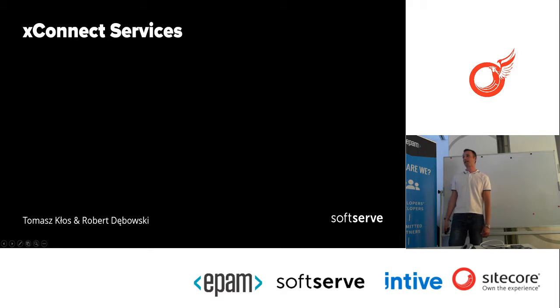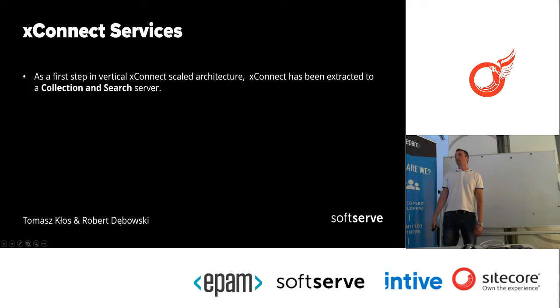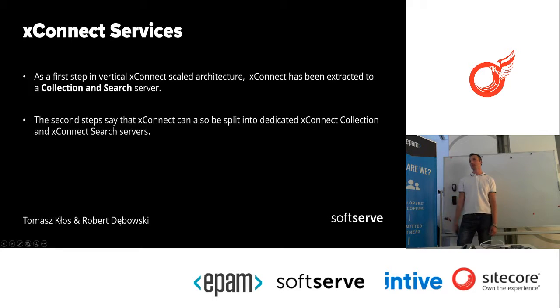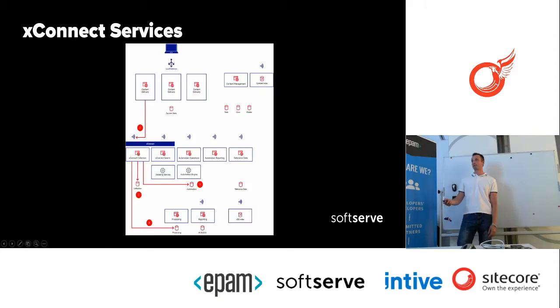eXtremeConnect services. What we said before in this graphic design is that we've got the search and collection services that can be scaled and put on dedicated servers. You can have both on one server, but if you are scaling much more, you can separate them.